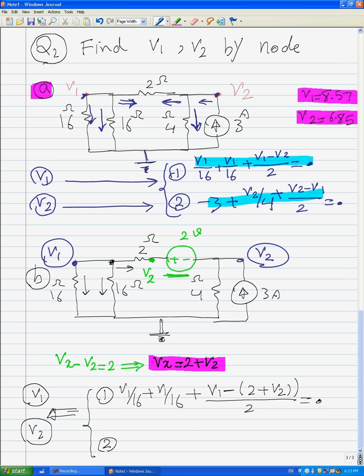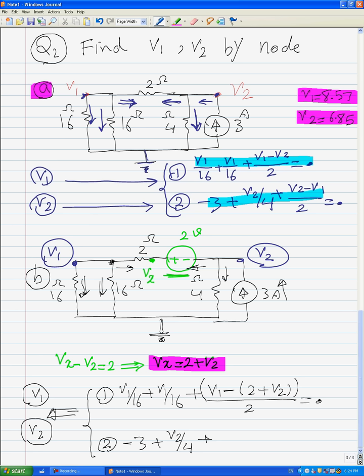This is the first equation. Once again, this current should be V1 over 16, this current should be V1 over 16, and this current should be V1 minus Vx. Instead of Vx, we can use 2 plus V2. V1 minus 2 plus V2 over 2 is equal to 0. Equation for node 2: minus 3 for this current, plus V2 over 4 for this current, plus this current.